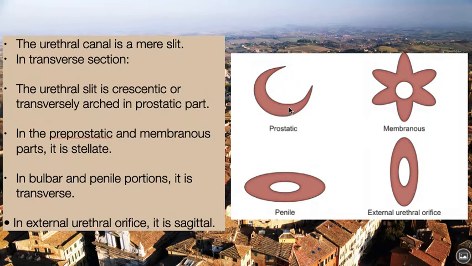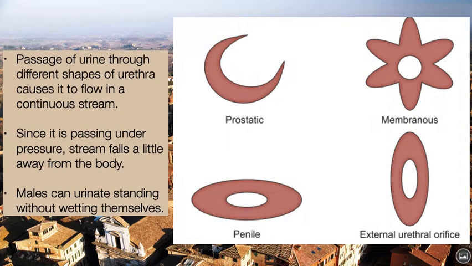In the transverse section, the urethral slit is crescentric or transversely arched in the prostatic part. In the pre-prostatic and the membranous part, it is stellate. In the bulbar and the penile portion, it is transverse, and the external urethral orifice is sagittal.